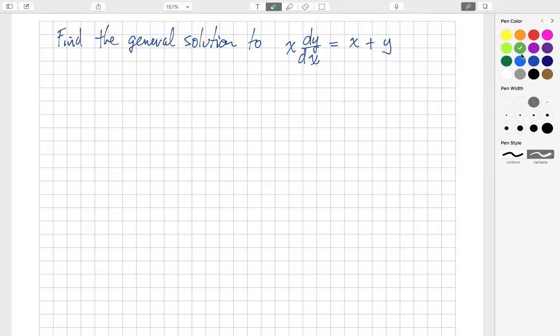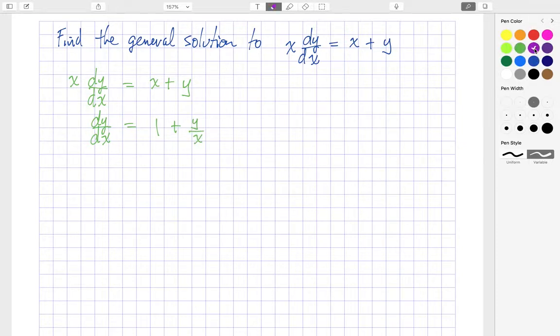We can take our expression x dy by dx equaling x plus y and divide both sides through by this x. So we end up with dy by dx equals 1 plus y over x.